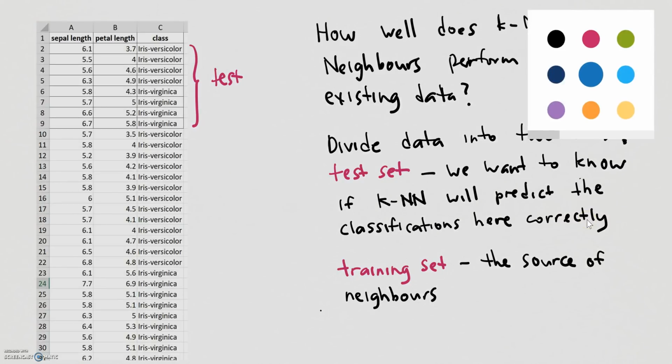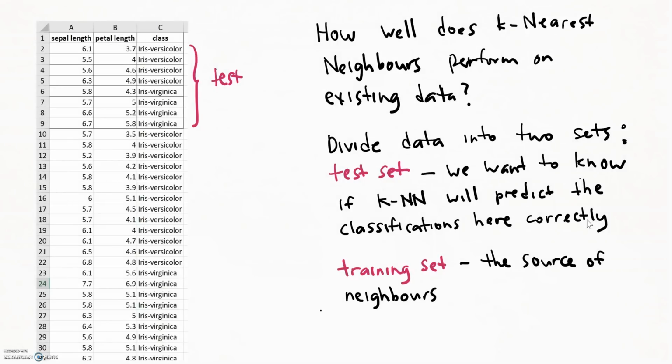The rest of the data will be called the training set. The training set is the source of neighbors from which the classification will be performed. To illustrate this idea, let's go to the next slide.